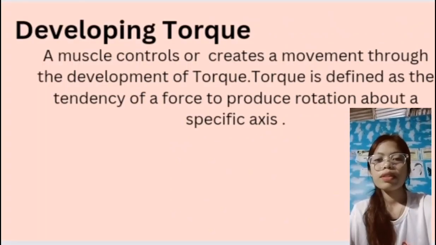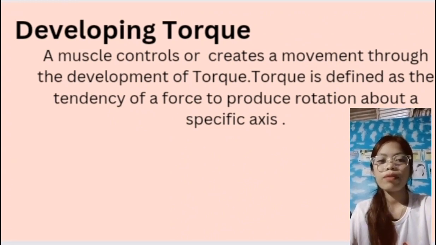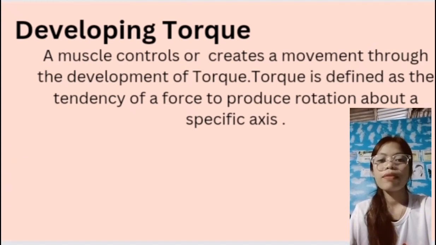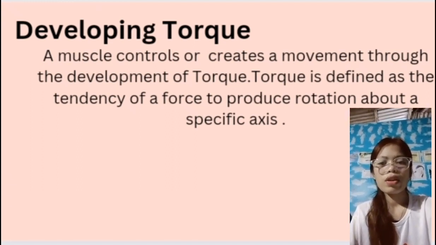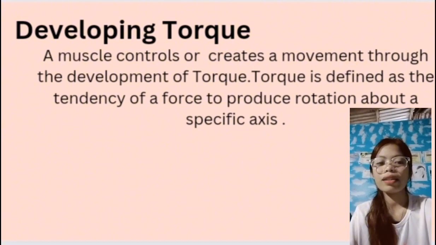So the last one is developing torque. A muscle controls or creates a movement through the development of torque. Torque is defined as the tendency of a force to produce rotation about a specific axis. So, when a muscle contracts, it generates a force that can cause an object to rotate around a specific axis. This rotational force is called torque.